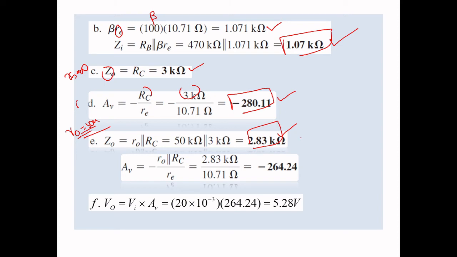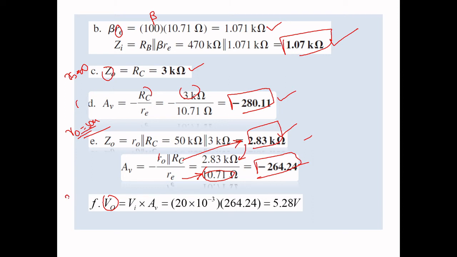So here you are getting 2.83 kilo ohm, and the AV formula is minus R naught parallel to RC divided by RE. If you plug in the R naught value and RC, you will get 2.83, which you have calculated here. The same I have substituted, divided by the RE value you already calculated. So minus 264.24. Then we need to calculate the output voltage.